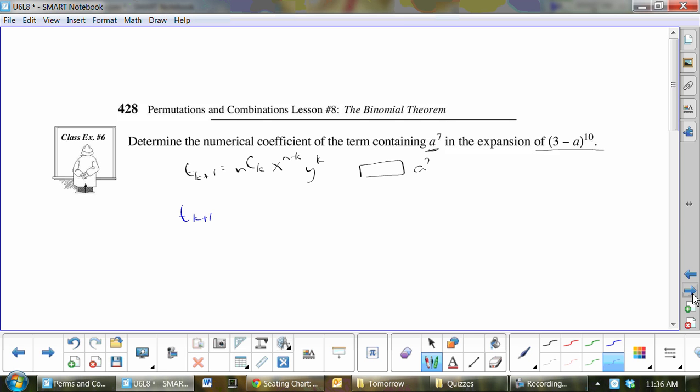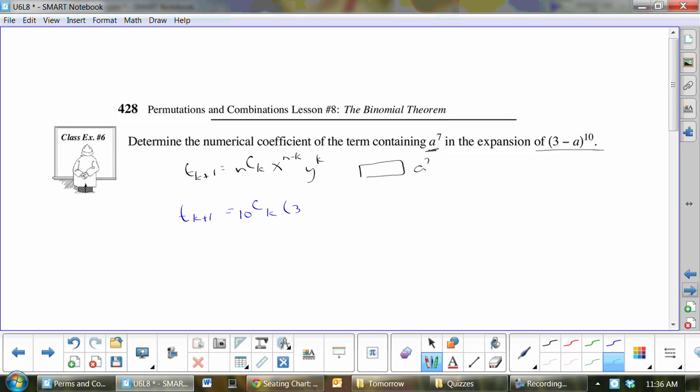No. So this is 10Ck. Some people have to see that ahead of time, and obviously you're one of them. Now, what is my x value?